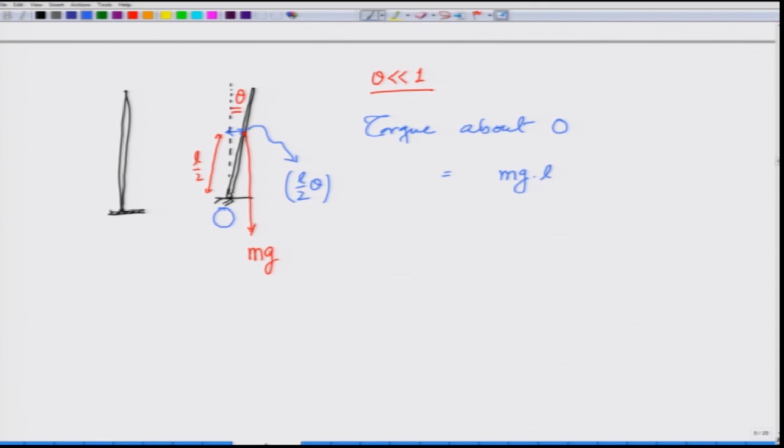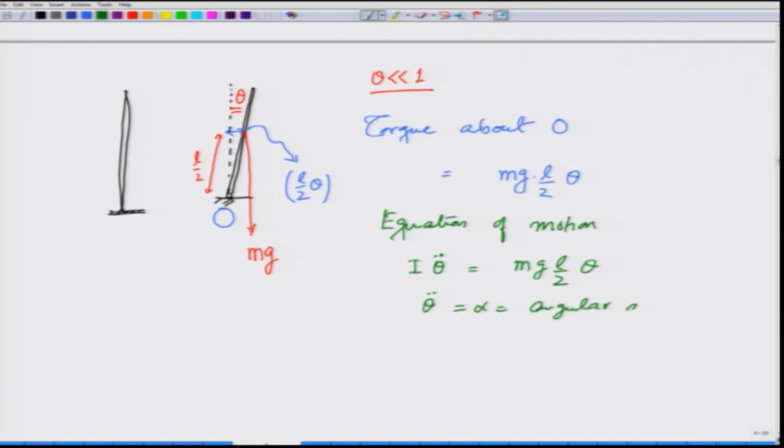So, it is mg L by 2 theta, and therefore, the equation of motion tells me that I theta double dot is going to be equal to mg L by 2 theta, where theta double dot is alpha, the angular acceleration.